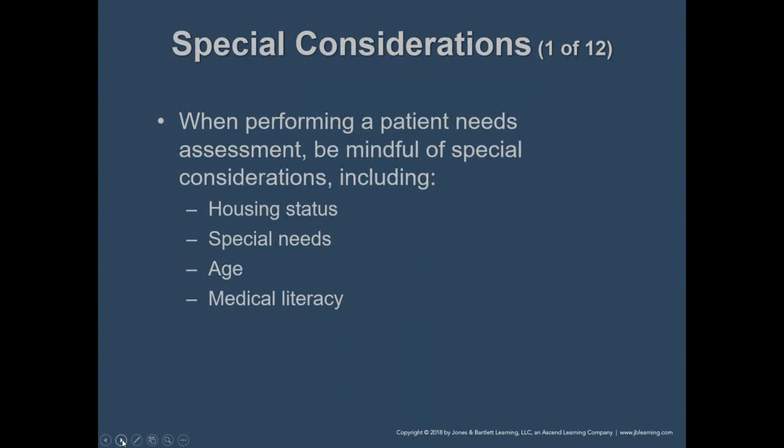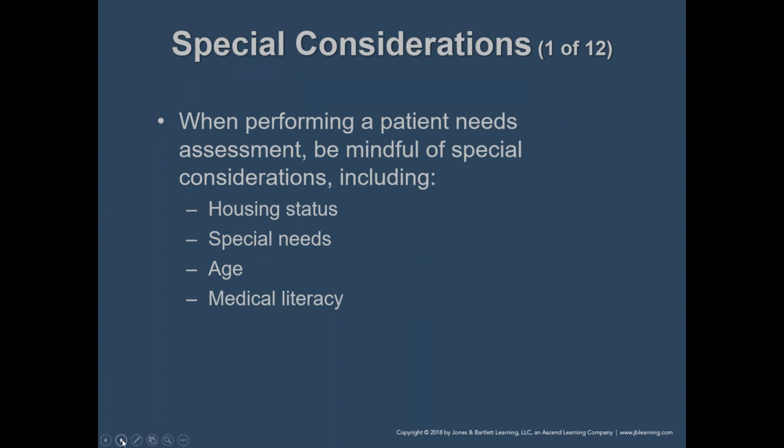So anyway, when we're looking at some of these special considerations for our patients, we kind of take for granted that we're going to be able to assess their housing status. Well, what if there is no housing status because they're homeless? And their special needs. What if they have cognitive deficit?